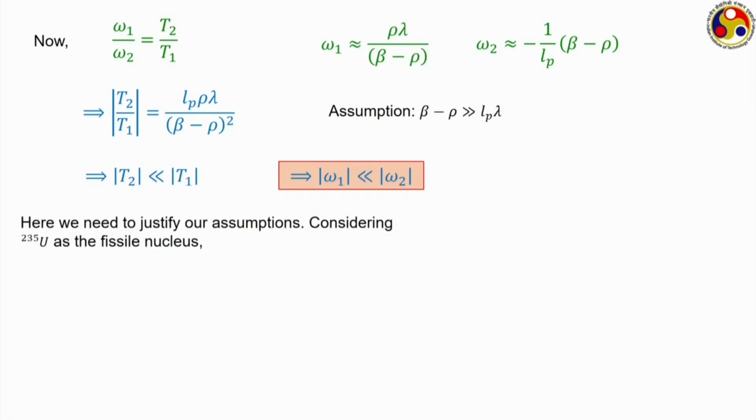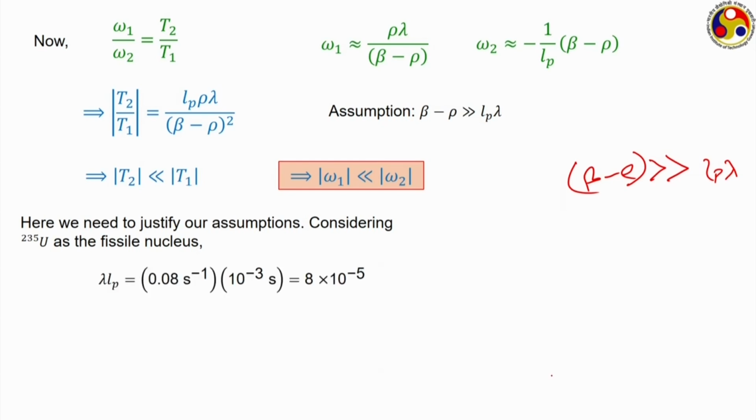Now, we need to justify those two assumptions that we have considered, particularly the first assumption, that beta minus rho is significantly greater than LP into lambda. If we consider uranium-235 as the nucleus, then LP is of the order of 10 to the minus 3 seconds, and lambda corresponding to uranium-235, that is the average value of the lambda decay constant for all possible delayed neutron precursors that may appear with uranium-235, is just 0.08 second inverse.